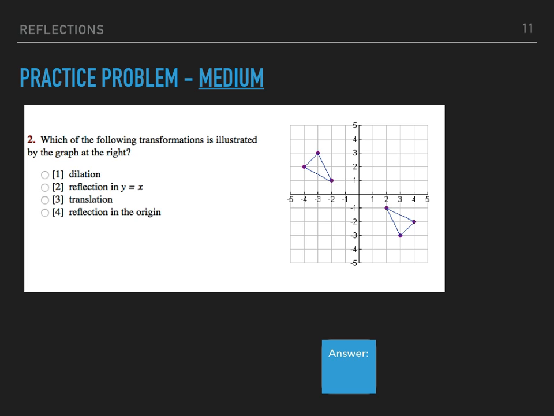So hopefully that was enough time. What I got was the answer choice 2, or in my mind, B. And that is a reflection across the line of y equals x, slope of 1. And how to get that is you use rise over run. Let's pick this one. Let's call this point A, the point of the triangle located at negative 2, 1. From that, we're going to go down 1 and go over 2, as the line has a y-intercept of 0, which means it goes directly through the origin, 0, 0.